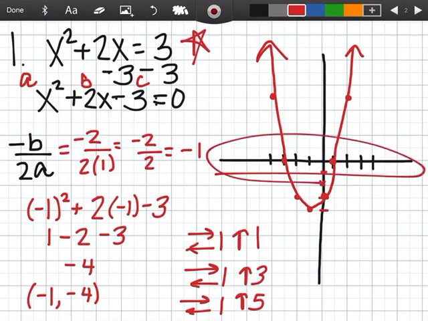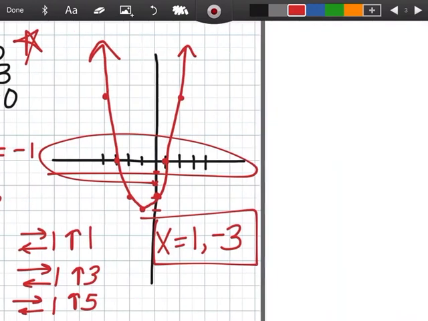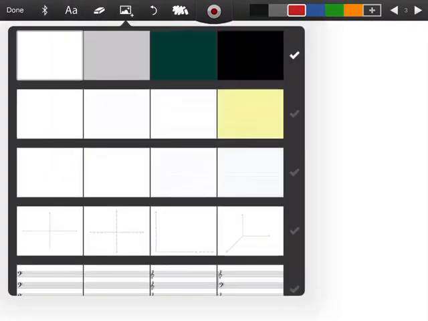The answers, the solutions, the zeros, whatever word they use, find the zeros, find the solutions, solve the equation by graphing, is to find the x-intercepts. So since the x-intercepts are positive 1 and negative 3, the two answers are positive 1 and negative 3. So you have to know how to solve by graphing, but once you graph, your answers are the x-intercepts.